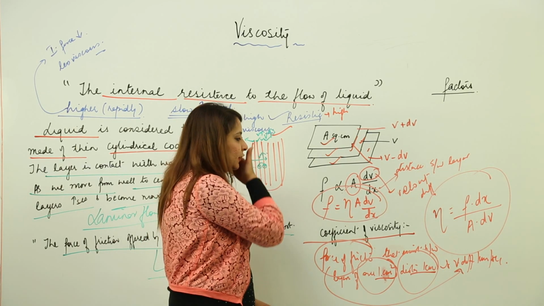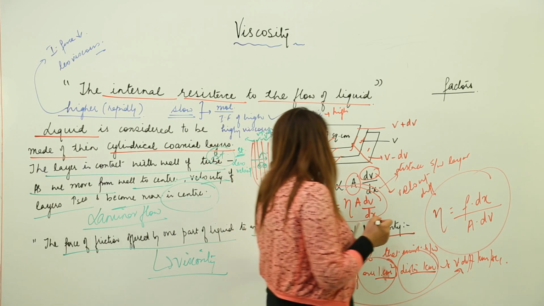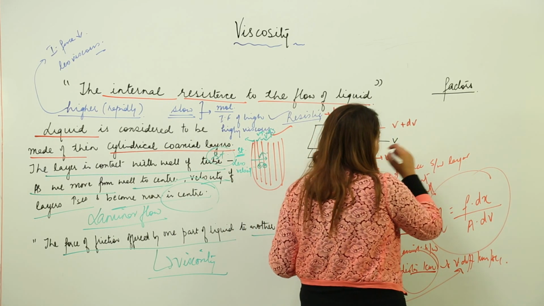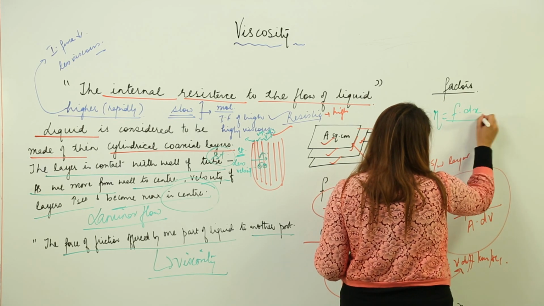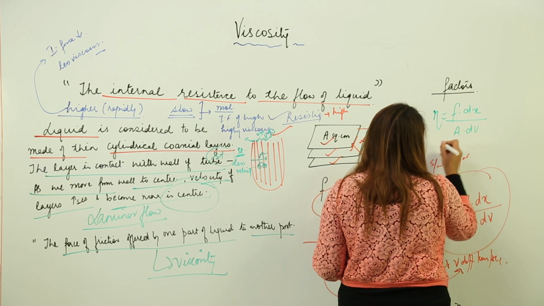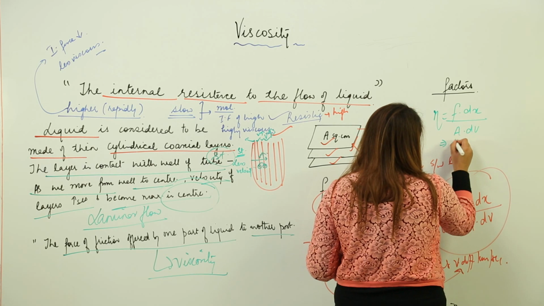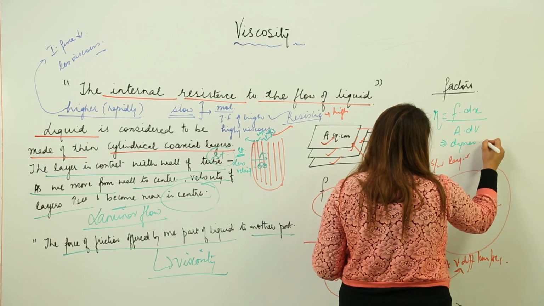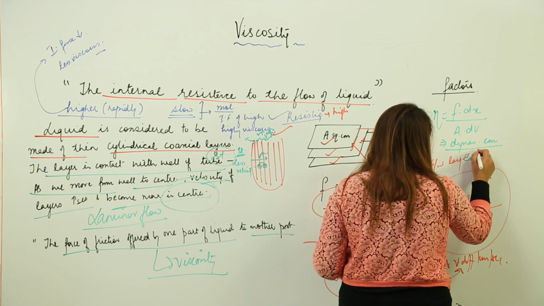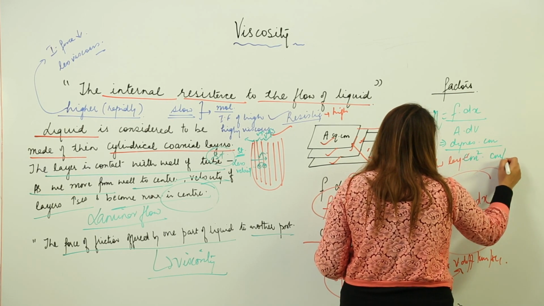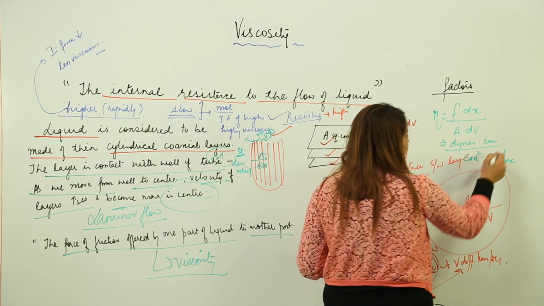So if we derive the unit for the viscosity, it comes out to be F into dx upon A into dV. Putting the values, F we know is in dynes, dx is in centimeter, area is centimeter square, and velocity is centimeter per second.